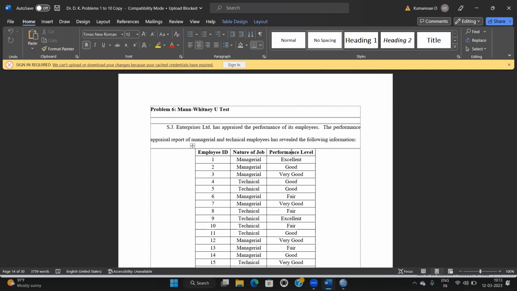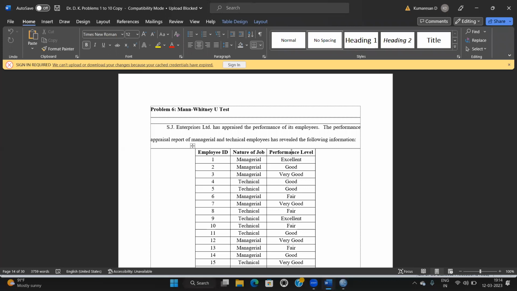That is why we call Mann-Whitney U-test a non-parametric equivalent to independent samples t-test. It is the non-parametric equivalent to the independent samples t-test.